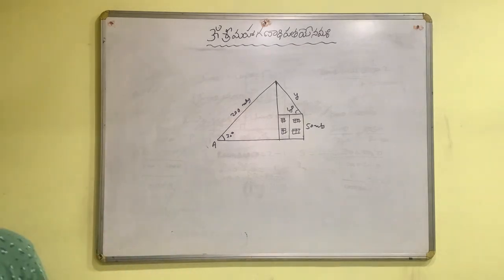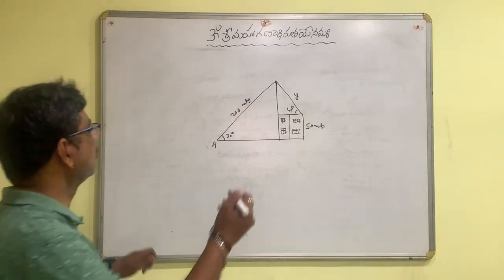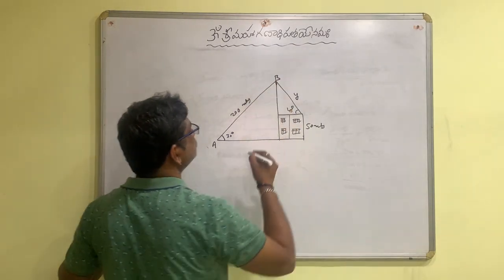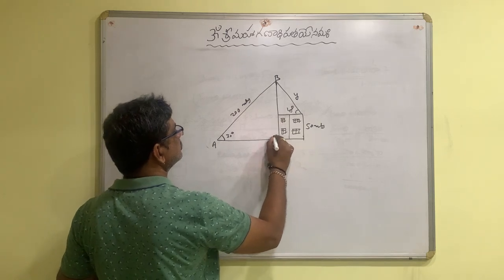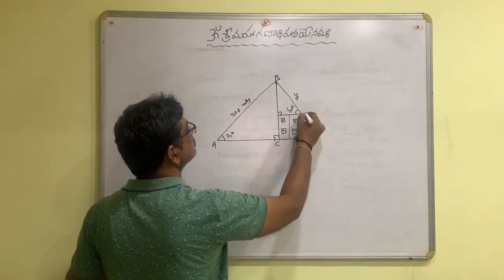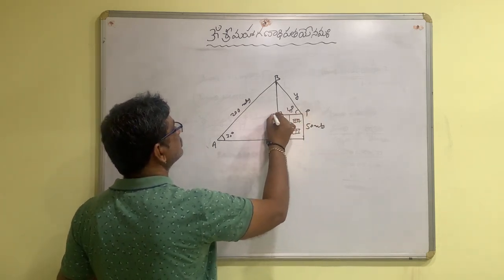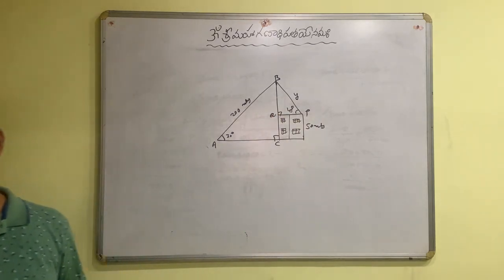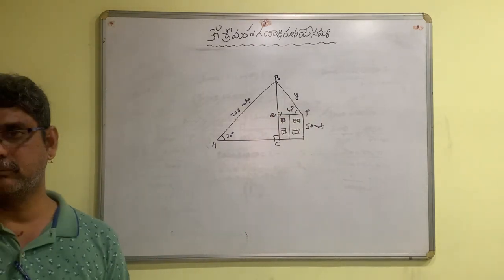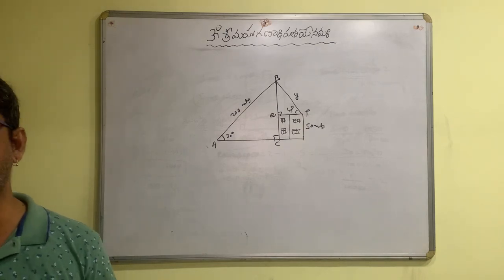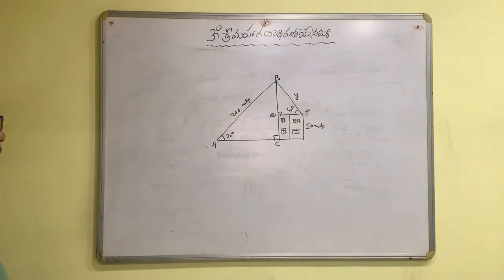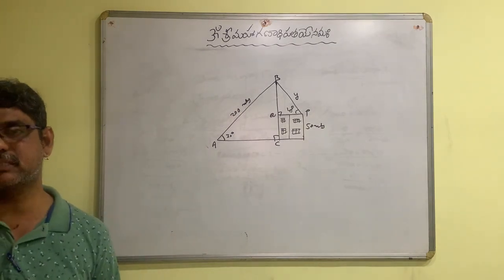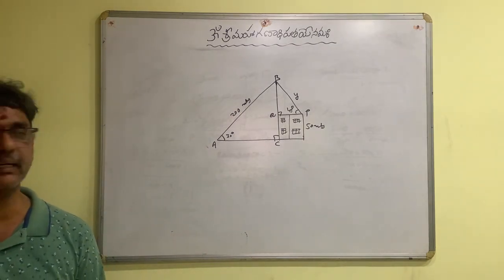Understand, Shanvi? This is the bird. B is the bird. Amit is standing at A and observes the bird with an elevation of 30 degrees. The distance between the bird and Amit is 200 meters.